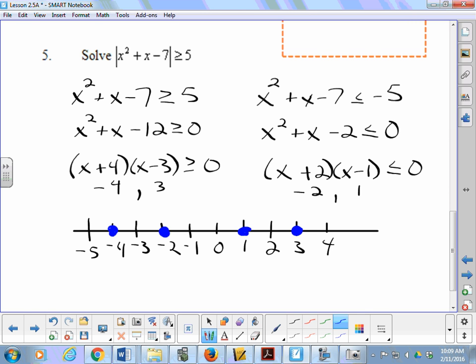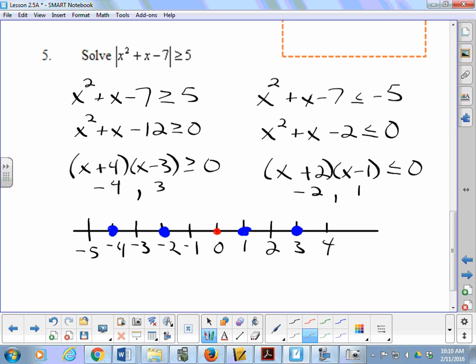Okay, and so we're going to test numbers between them to see if they work. Where are we going to test them? In the original equation. I'm going to use my friend 0 first because I like him the best. So we're going to check 0. Is -7 greater than or equal to 5? No. Is the absolute value of -7 greater than or equal to 5? Yes, it is.